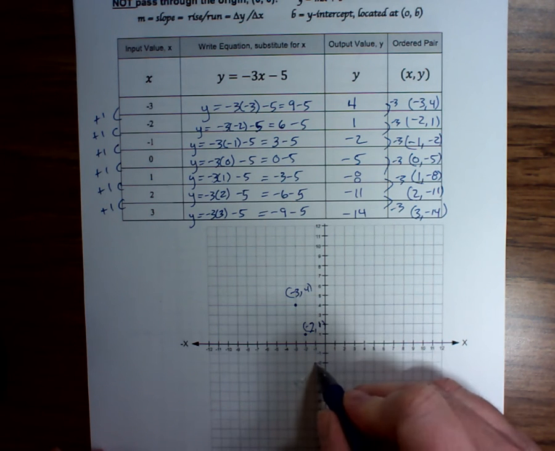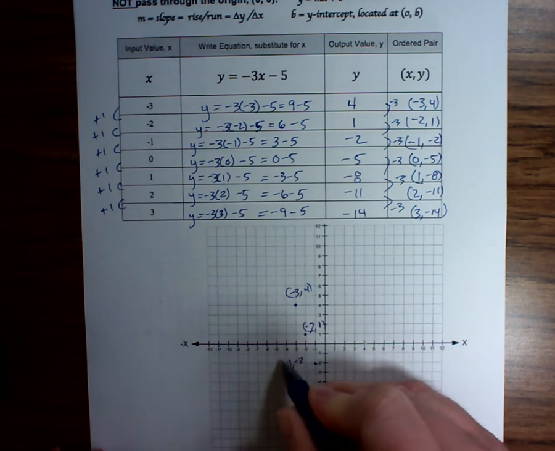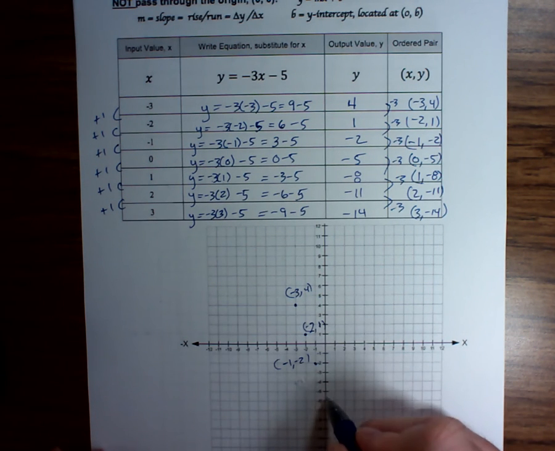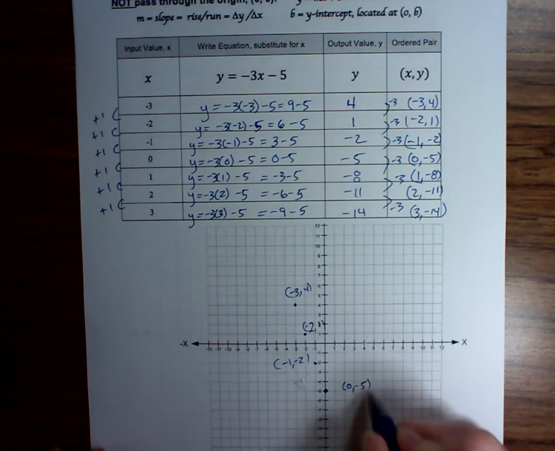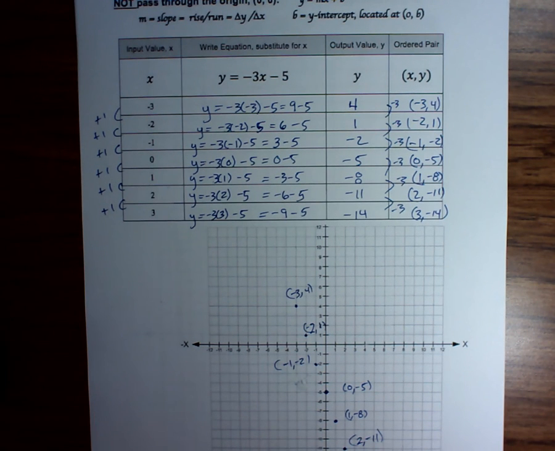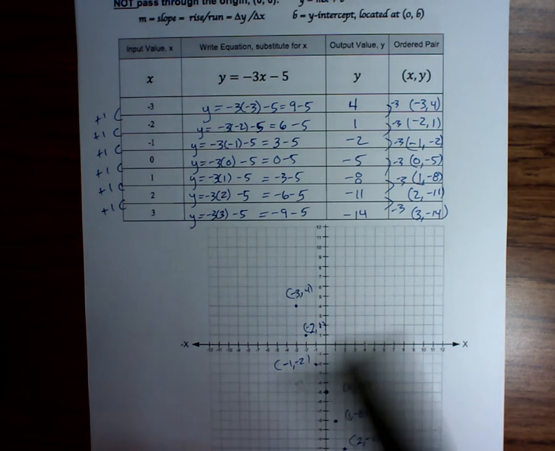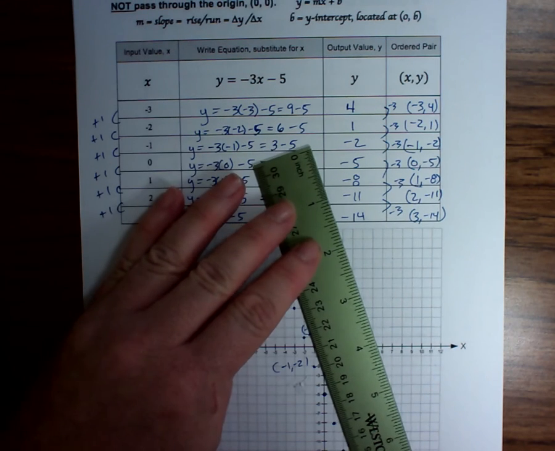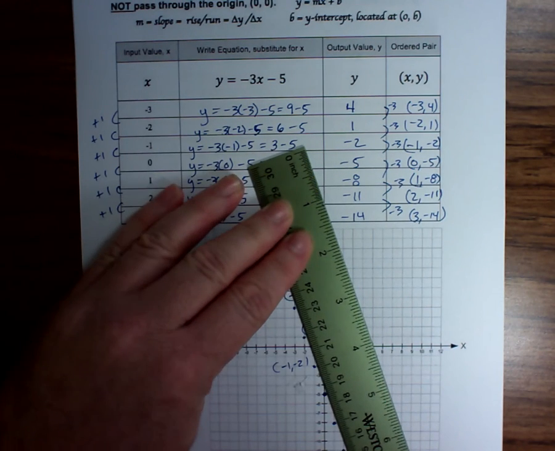Negative 1, negative 2. 0, negative 5. 1, negative 8. 2, negative 11. I'm going to stop there because I'm off the grid, but it is negative slope, so my line is going the other direction.